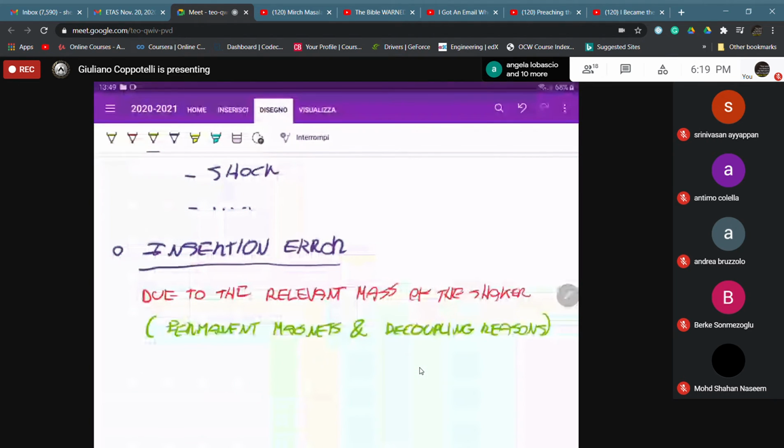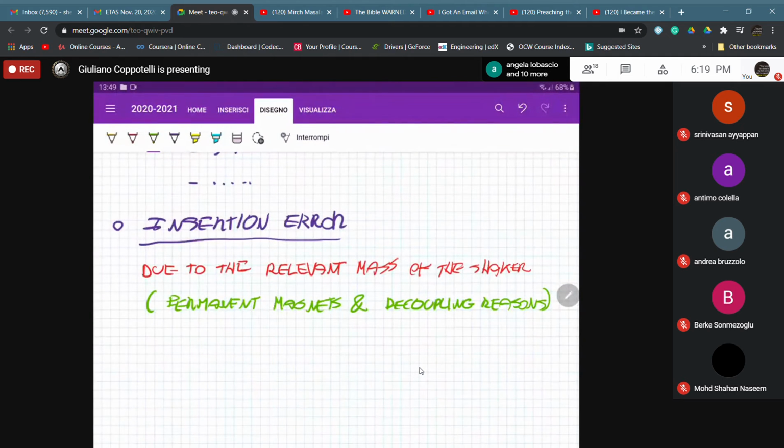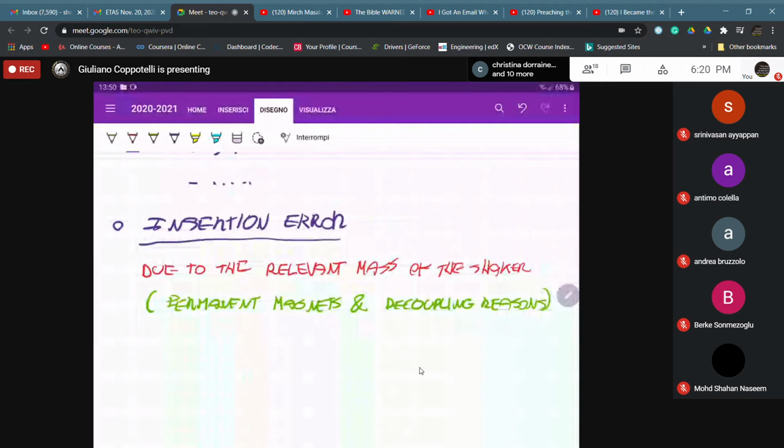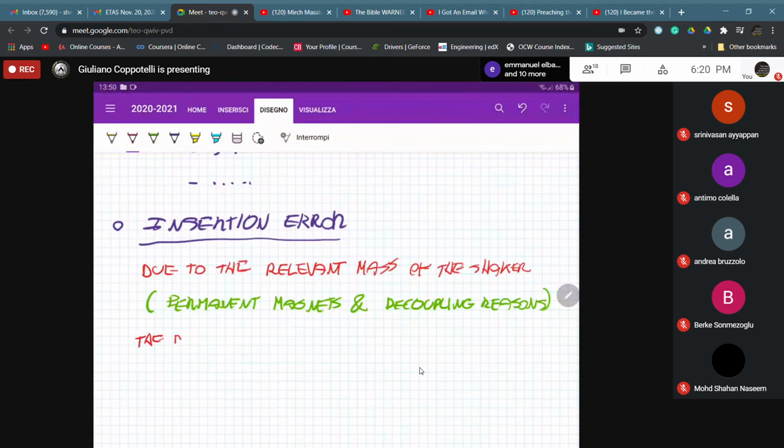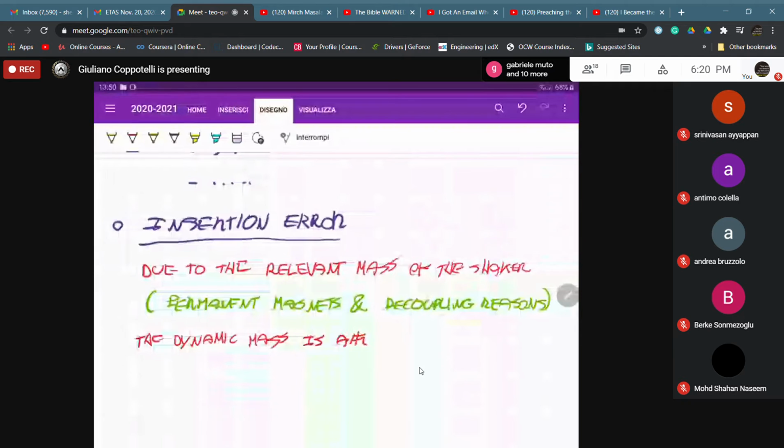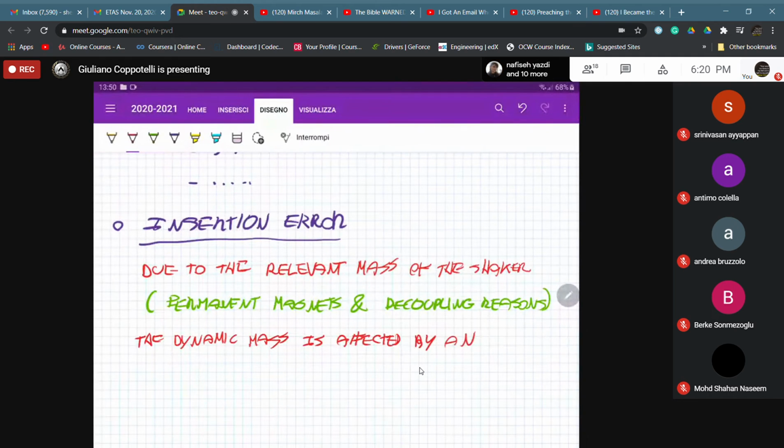Because of this relevant mass of the shaker, the dynamic mass is affected by such an error induced by this large mass.